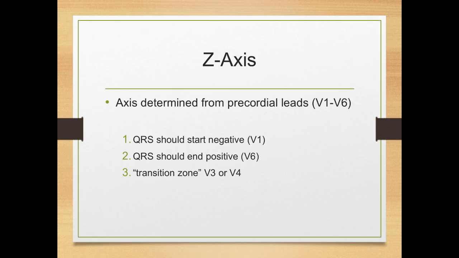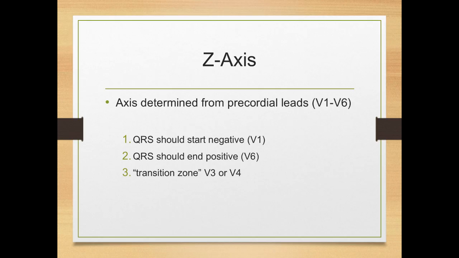So I've got this limb lead view straight on. Now I've got this precordial view that wraps around my heart, that V1 through V6, and pretty simply, the QRS complex should start negative in V1 and then should end positive in V6.